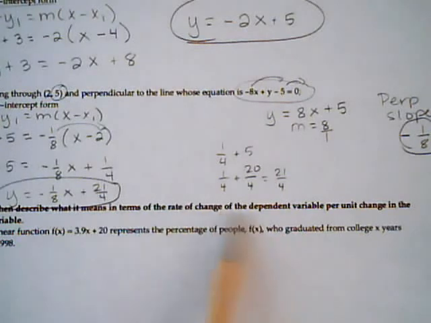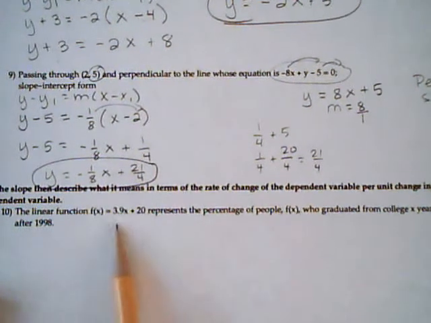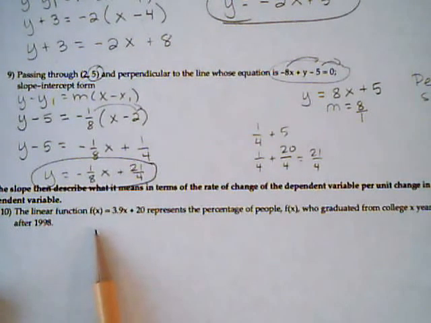Okay, number 10 says find the slope, then describe what it means in terms of the rate of change of the dependent variable per unit change in an independent variable. I just want you to be able to interpret slope when you have it in an equation and tell what it means.